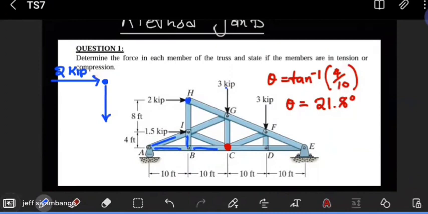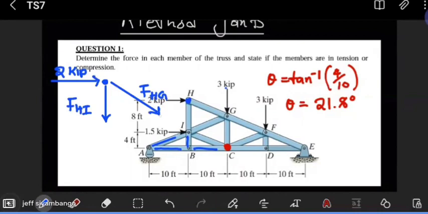Then we'll also assume we have HG, setting HG as tension. So we have F HI, and then we have F HG.